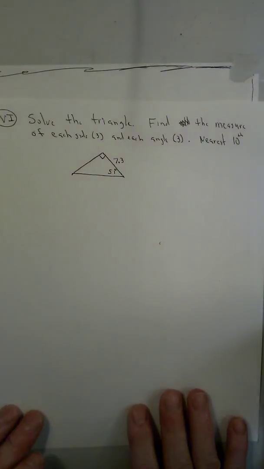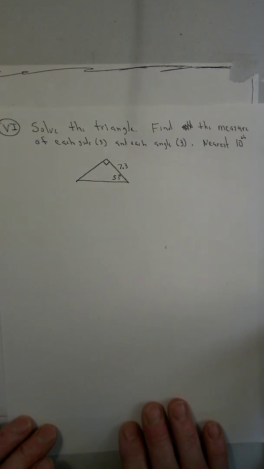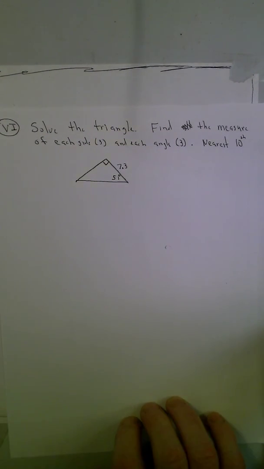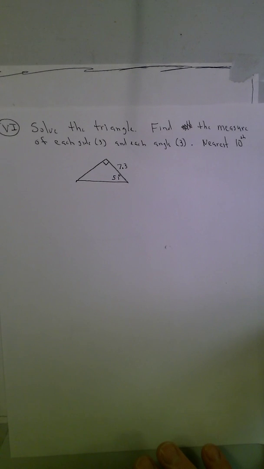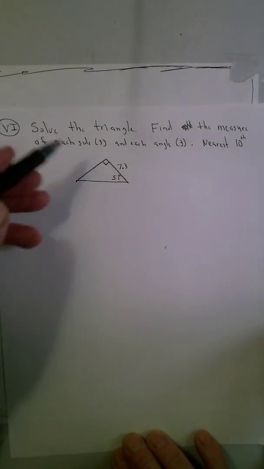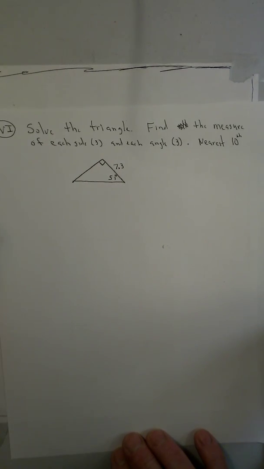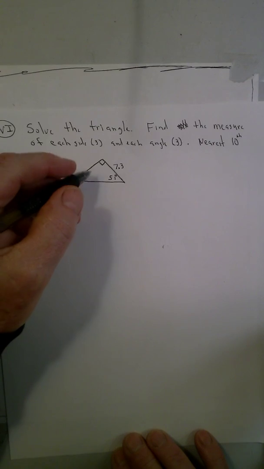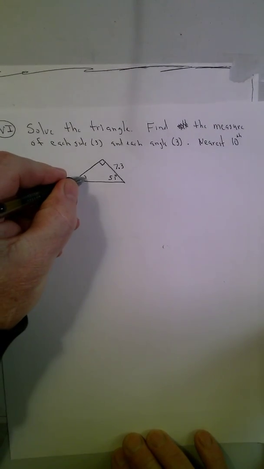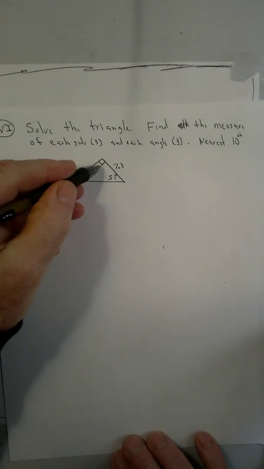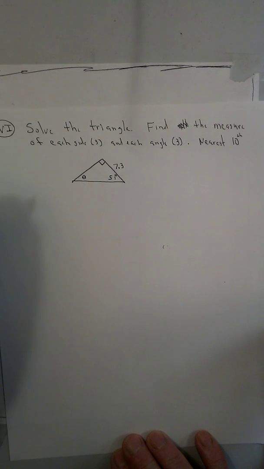Right. Now you can have the directions solve the triangle. When you solve a triangle, you find the measurement of all 6 parts, the 3 sides and the 3 angles. With a right triangle, angles are easy. So I'll give this guy a name. I'll call it theta. So that's 90, that's 51.